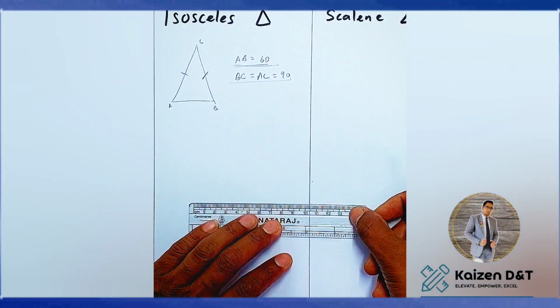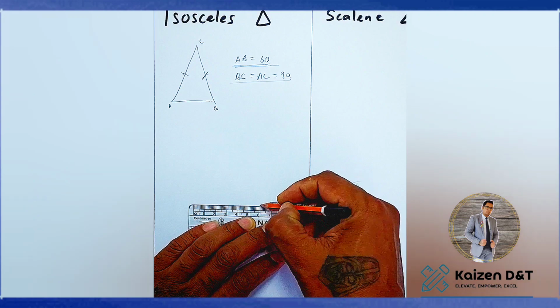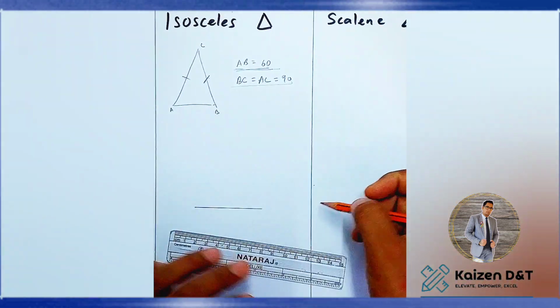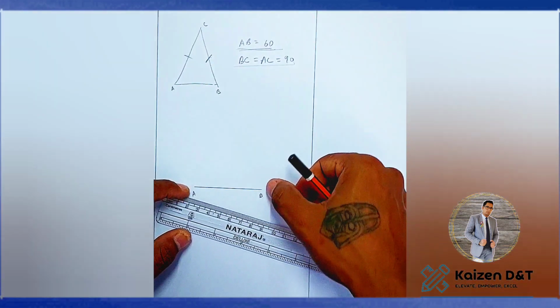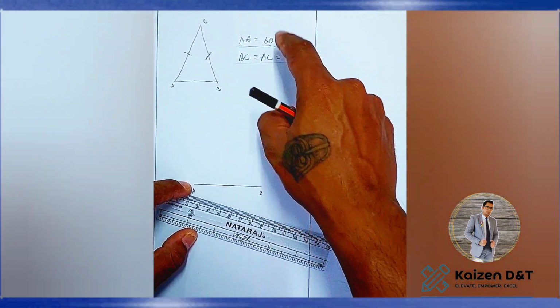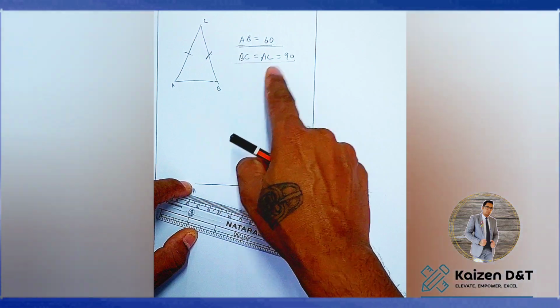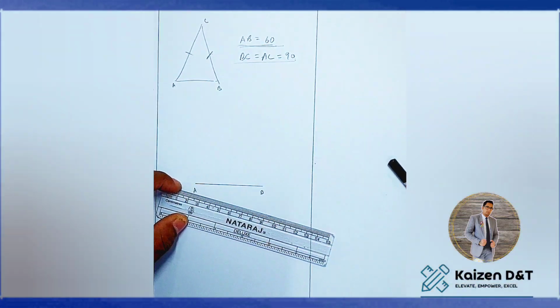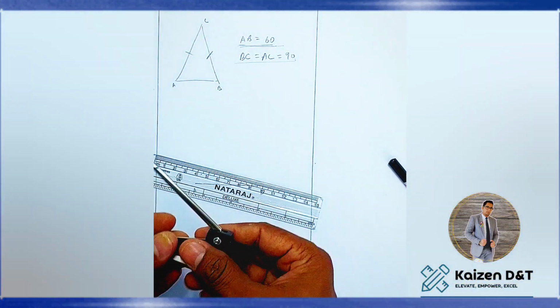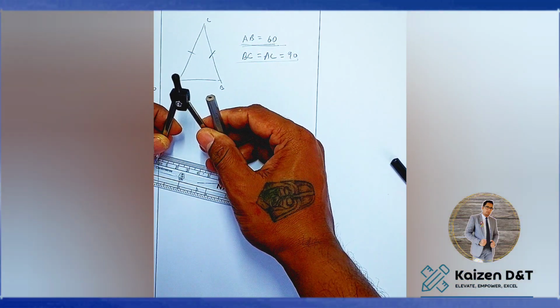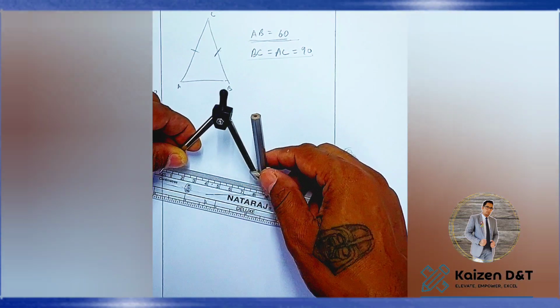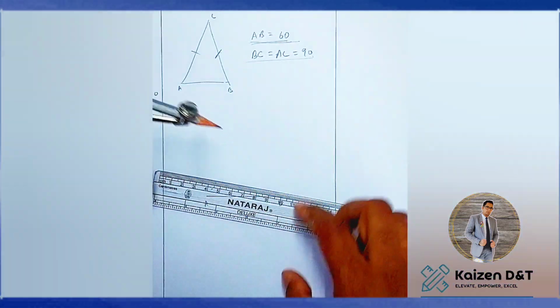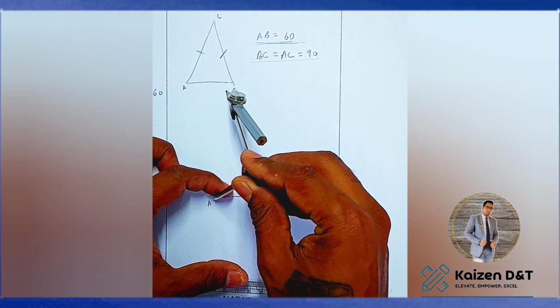First of all, we draw line AB and label it AB. Now you should remember that this line is 60 millimeters, and the other lines are 90 millimeters, which means that we have to take the compass and measure 9 centimeters, and then we draw the arc.